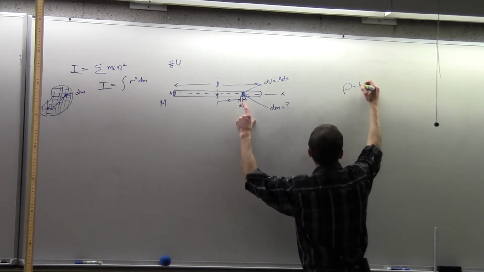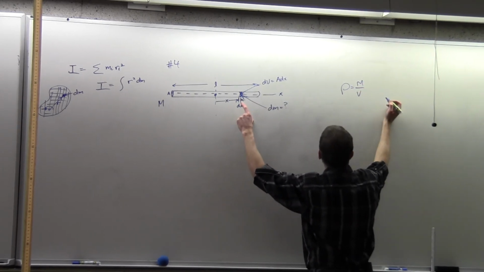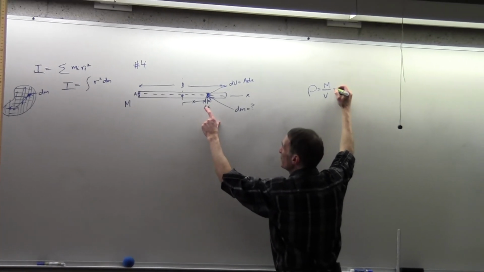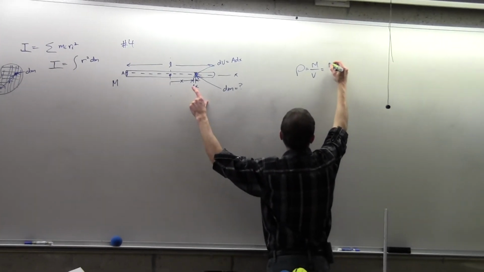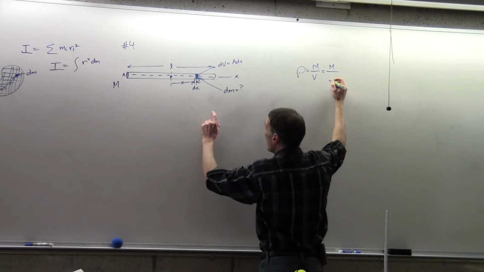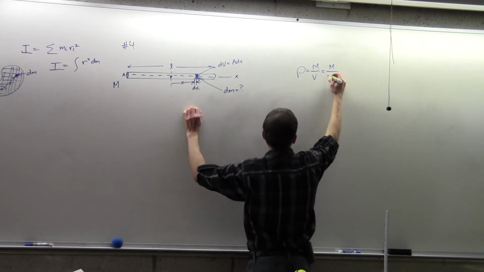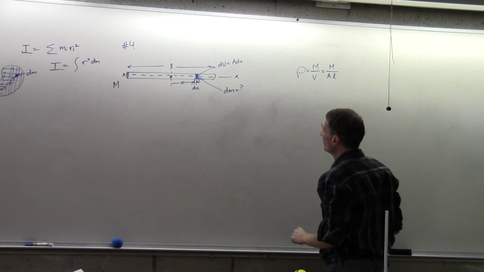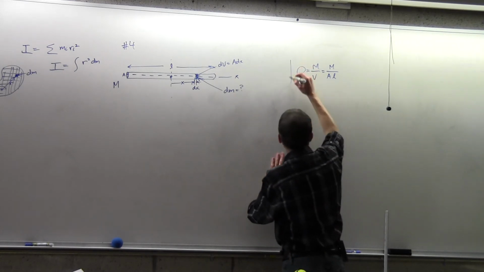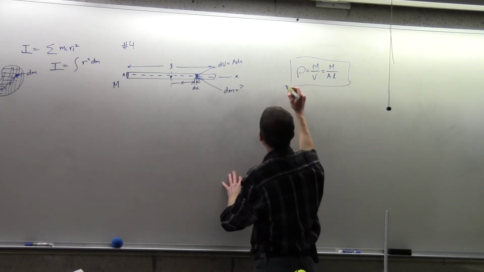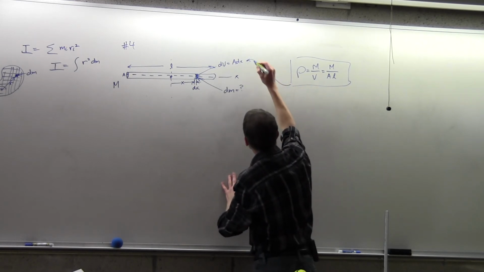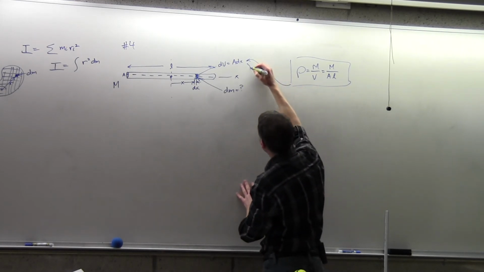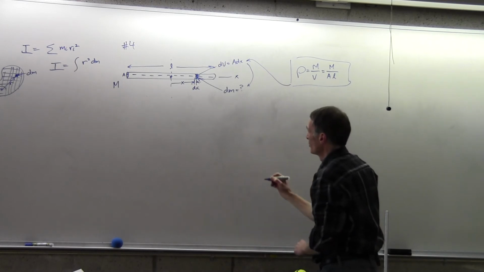Density, we say, is equal to mass over volume, right? We did that in the first week. And the mass of this thing is m. The volume of this rod would be its cross-sectional area A times L, and that would give its density. And once I have this idea, I could go with the volume and then come back down here and get the differential mass.